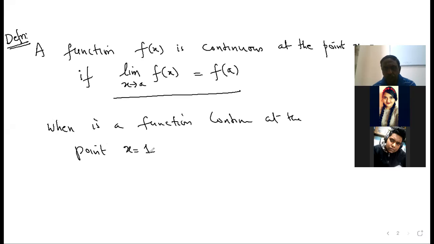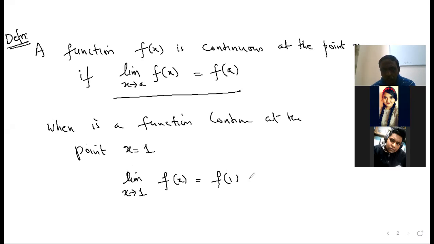So now modify the definition and speak out. I can't hear you, George. Do I have to say limit as x tends to 1? Speak out the full definition. Limit as x tends to 1 of f of x is equal to f of 1.